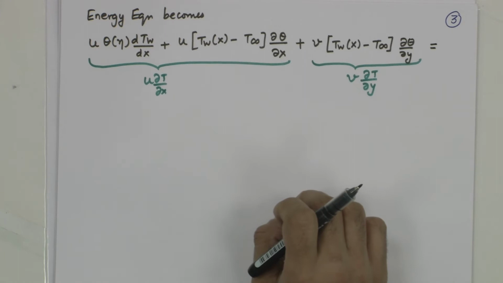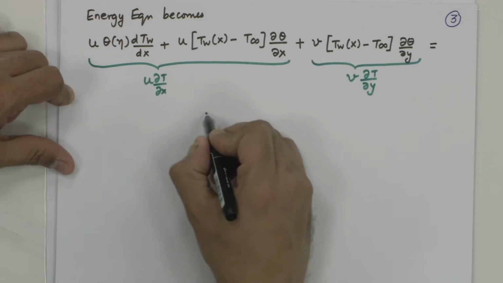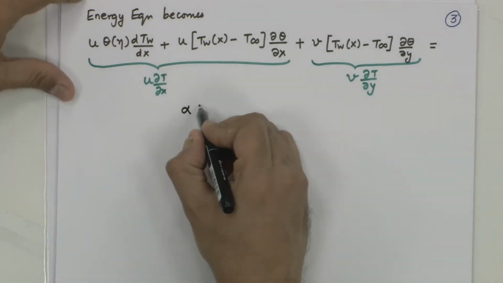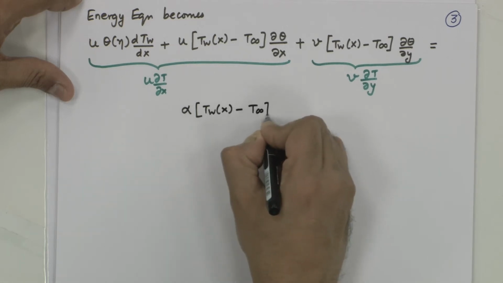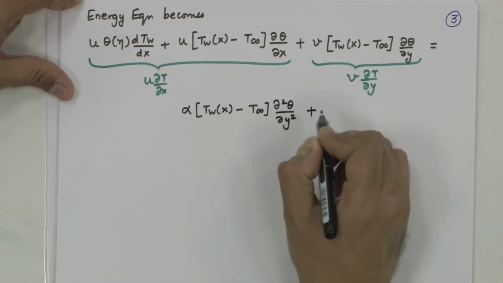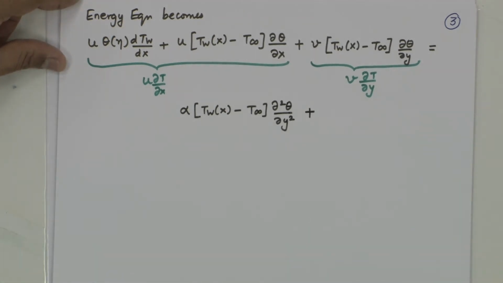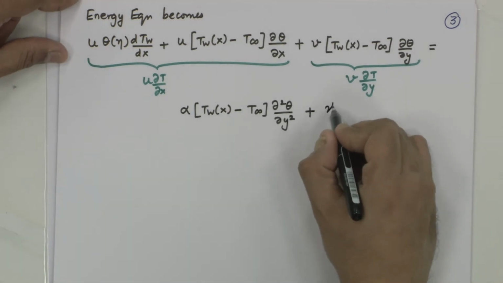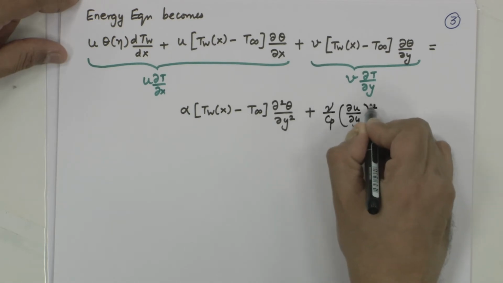Right hand side is equal to, I am going to divide by rho Cp. So, left hand side we had a rho Cp. So, we divide by rho Cp, k by rho Cp is nothing but alpha. So, alpha d squared T/dy squared is equal to alpha (Tw of x minus T infinity) d squared theta/dy squared plus the viscous dissipation term, which is just written as nu by Cp (du/dy) whole squared.